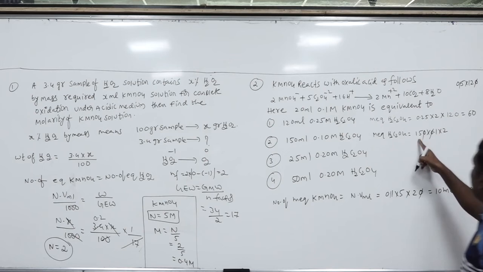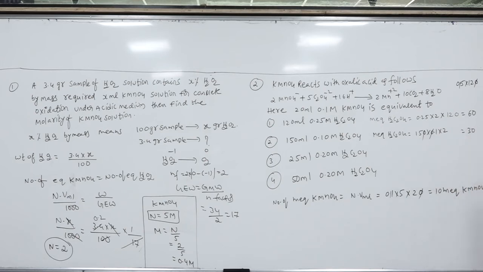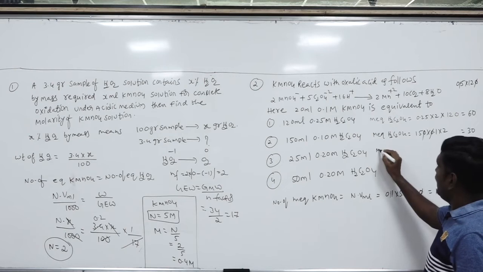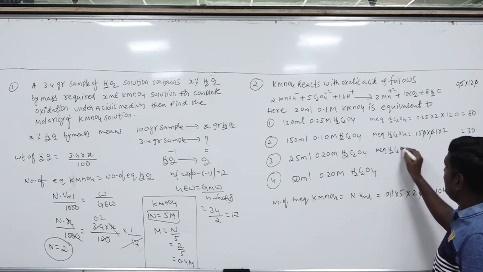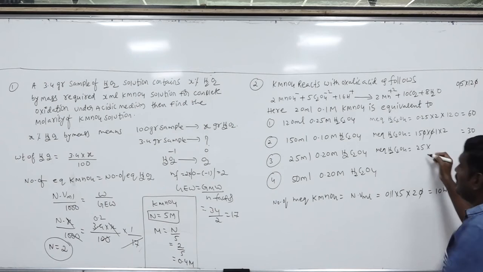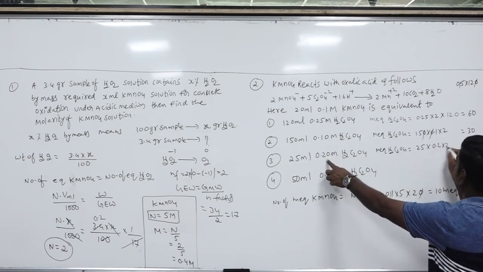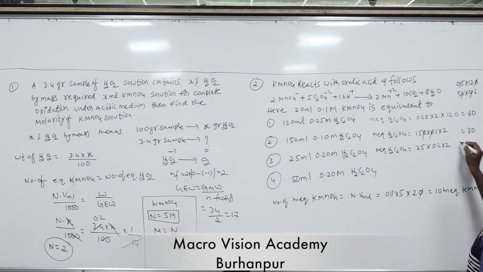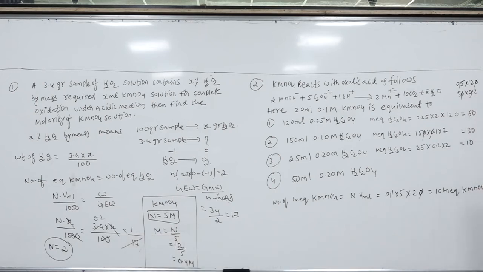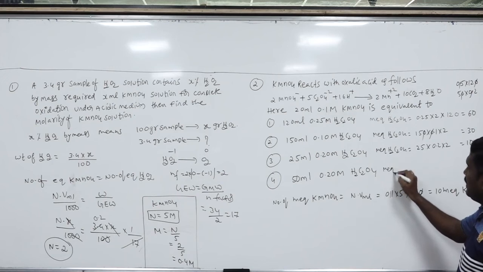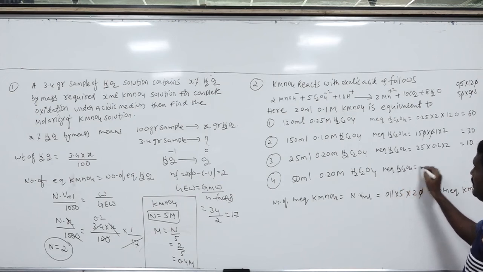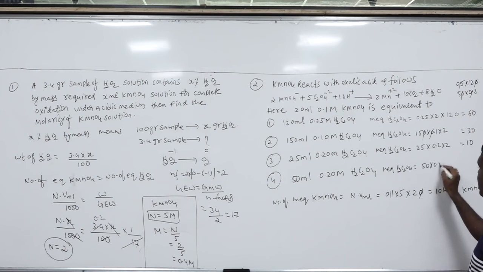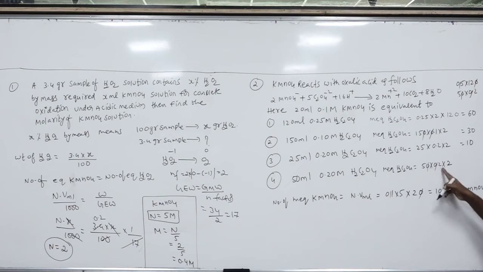So the 0 gets cancelled, 15 twos are 30 milli equivalents. Come to option number 3. The number of milli equivalents of oxalic acid is molarity 0.2 into n factor 2 into 50, so you have 10 milli equivalents. Last option, oxalic acid milli equivalents is 50 into 0.2 into 2. So 0.2 into 2 is 0.4, 50 into 0.4 is 20.